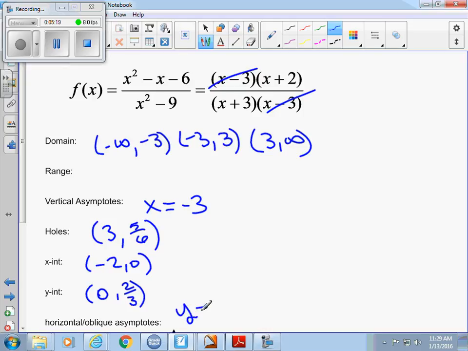Y equals 1. Now, I want to walk you through the why on that. Remember, I told you every time we came to a new type, I'd walk you through the why. Remember, as x gets really, really big, that's what affects horizontal asymptotes, right? If x gets really, really big, the leading two powers take over. So x squared over x squared takes over. What is x squared over x squared? 1. There's your horizontal asymptote. Does that make sense?